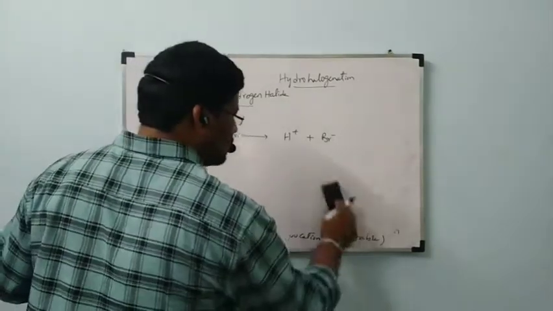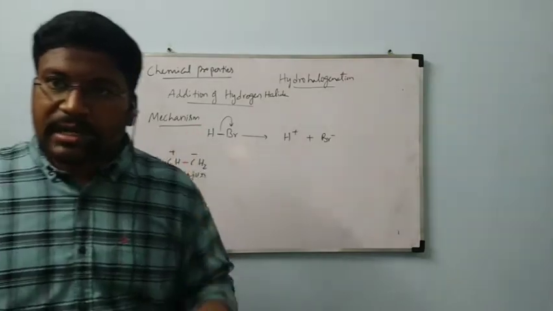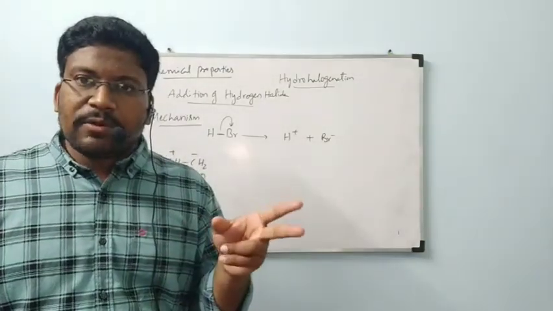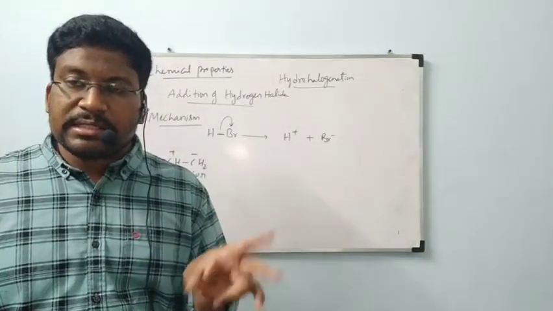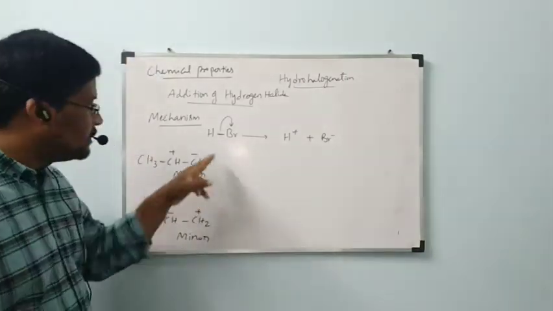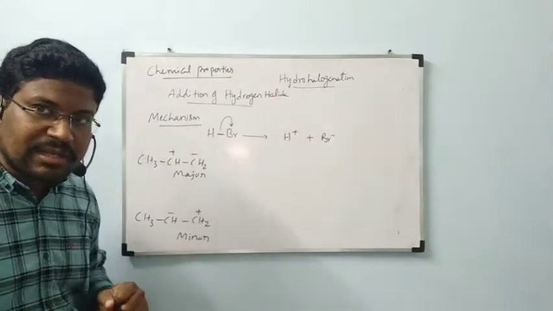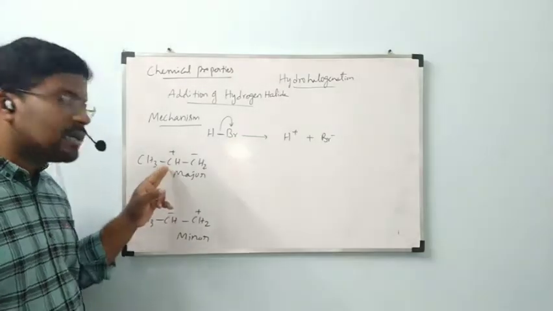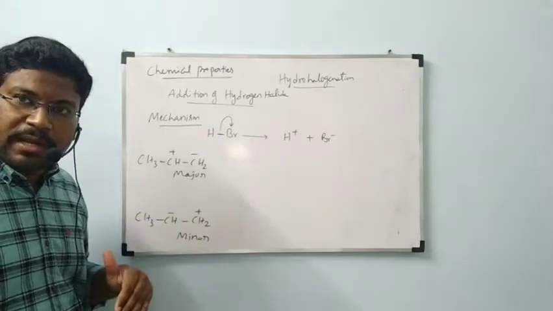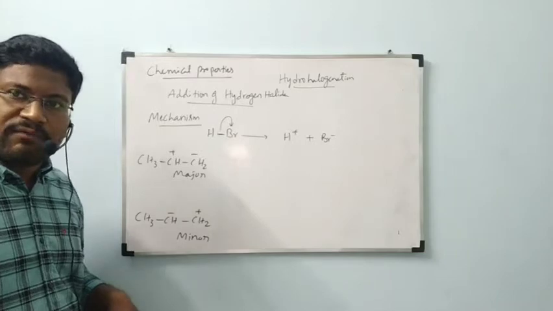Why this is major and minor, I hope you understood. We have seen carbocation stability. Tertiary carbocation is more stable than secondary, and secondary is greater than primary. Here the comparison is between secondary and primary. This is secondary carbocation, this is primary carbocation. Tertiary is not there here. So secondary carbocation is more stable compared to primary, so the major product is formed through the secondary carbocation.